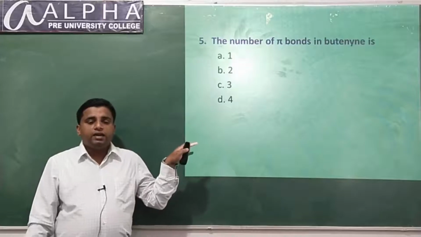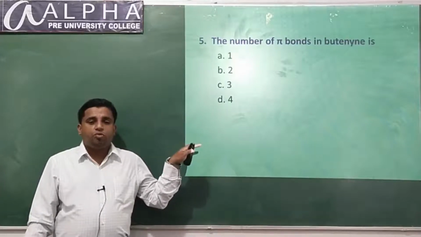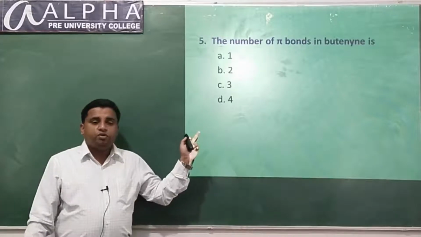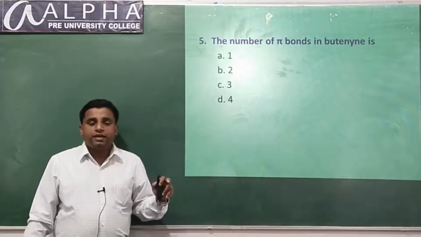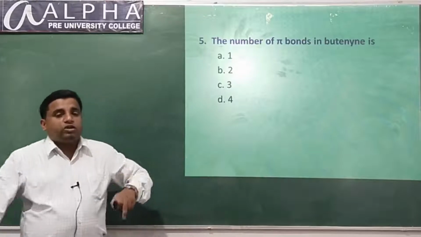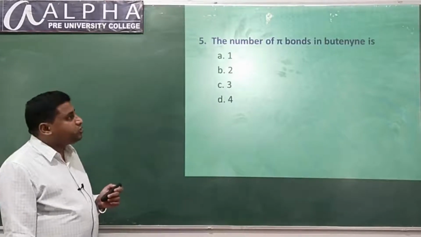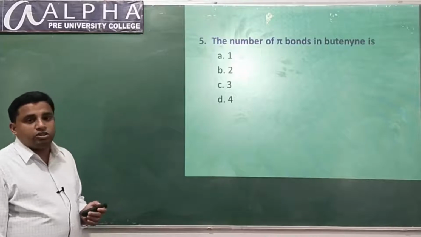Unless you know the concepts of chemical bonding, you cannot answer this question. I have taken this question in this chapter to apply those concepts, but we will solve this question later.